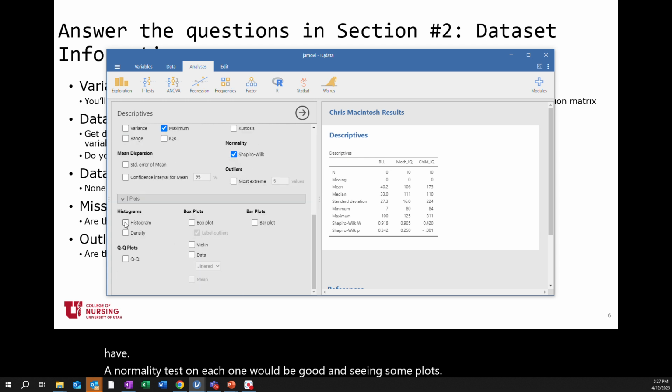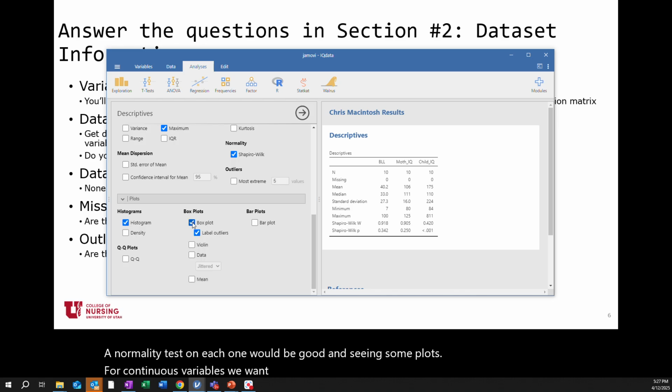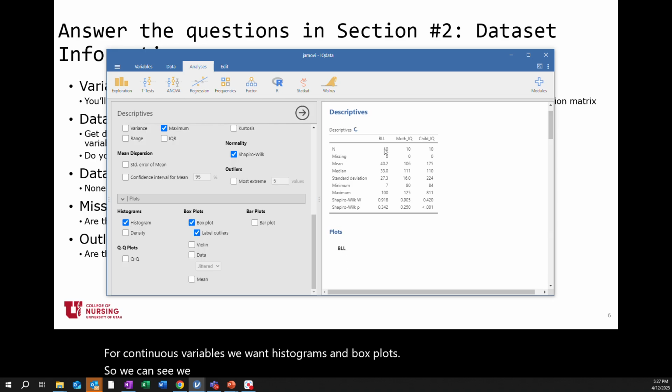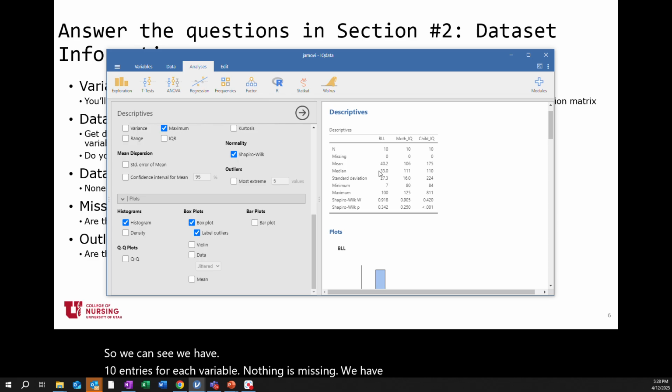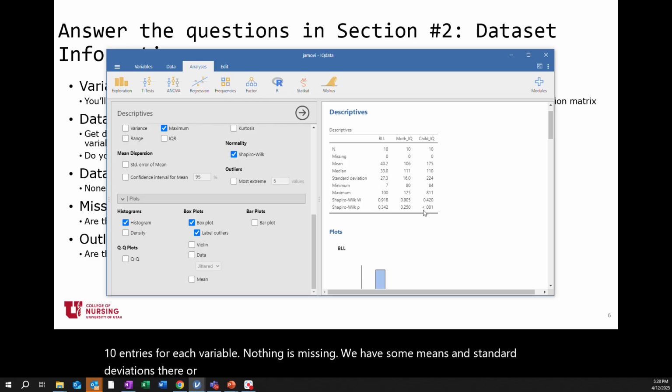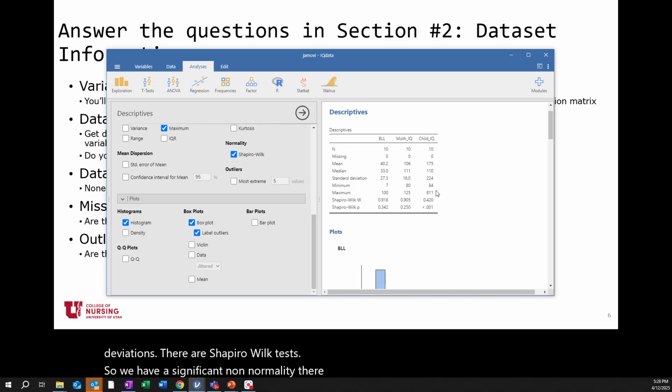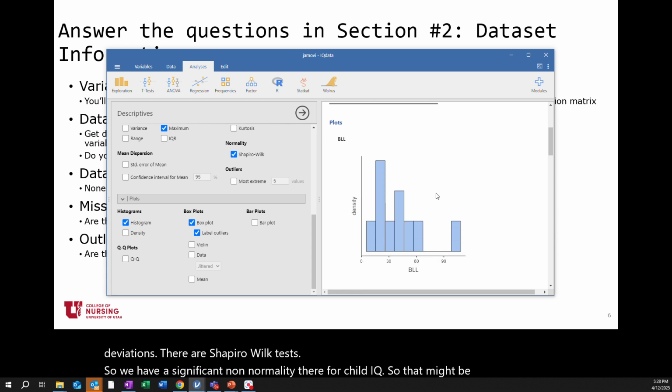For continuous variables, we want histograms and box plots. We can see we have 10 entries for each variable, nothing is missing. We have some means and standard deviations there, and our Shapiro-Wilk tests. We have a significant non-normality there for child IQ, so that might be something to look at.